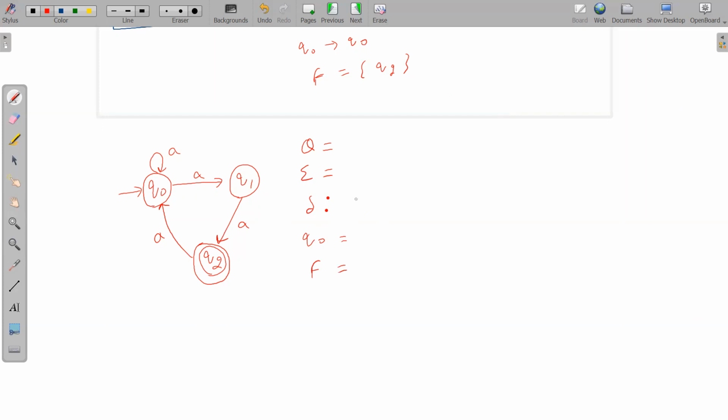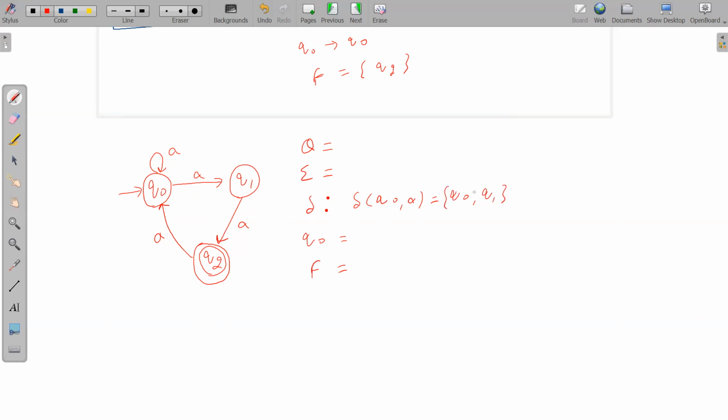Delta will be, say, delta of q naught, a. At q naught, whenever a is read, where will this FA go? It can go to either q naught or q1, so it is going to some set of states.